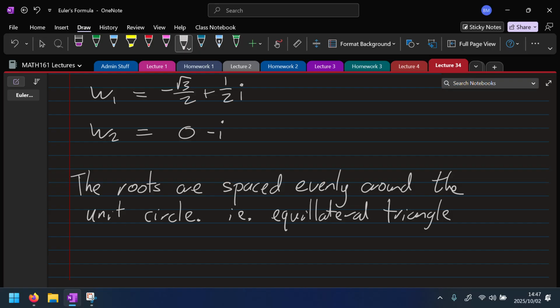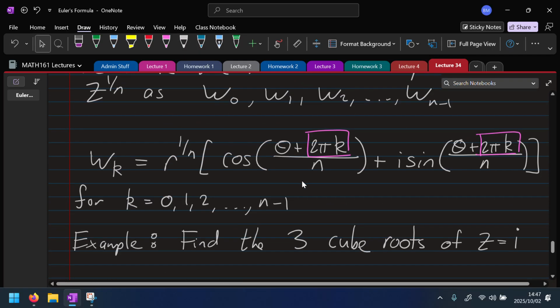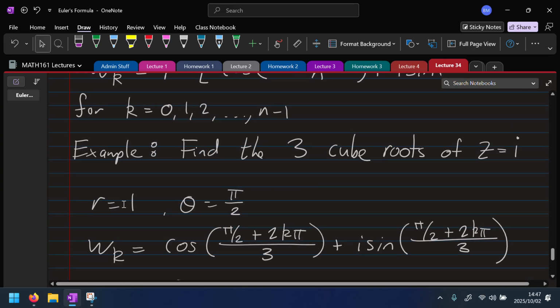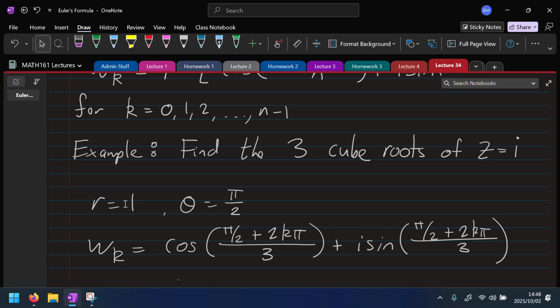So in this case, it was the unit circle, right? Because this has modulus 1, so it's a unit circle. If it was a different r, then obviously the circle would have that, whatever that radius is. But in all of the cases, it will be equally spaced around.